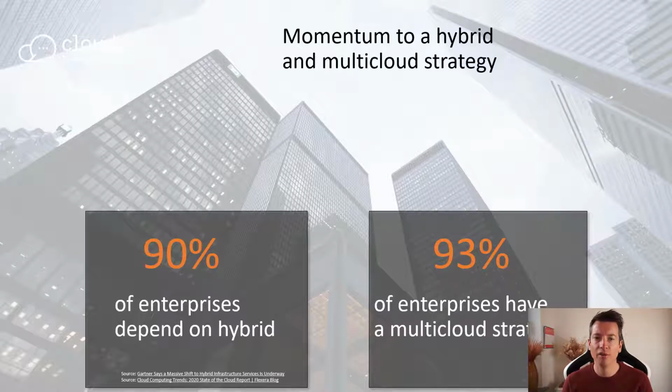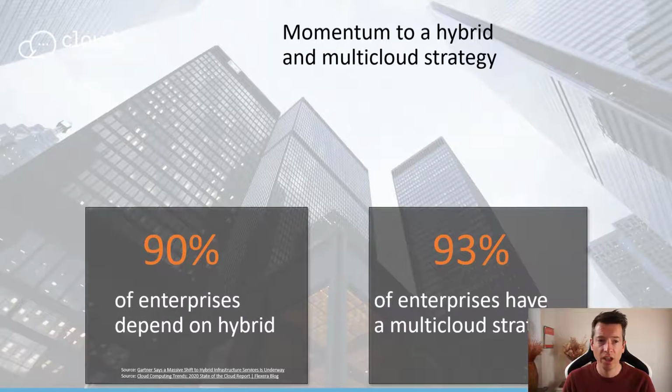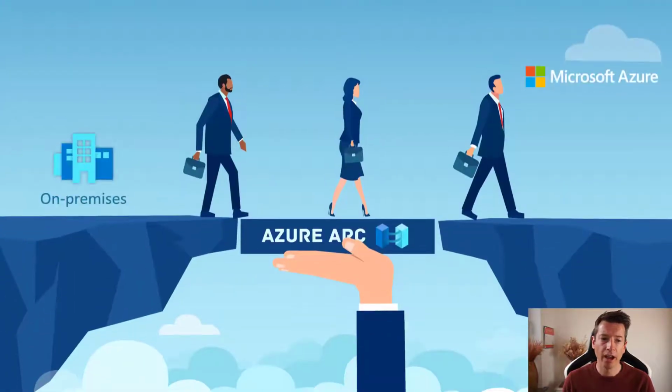If you have a very large application landscape, that's also good to be aware of. So Azure Arc, that will be your bridge between your on-premises data center and Microsoft Azure.